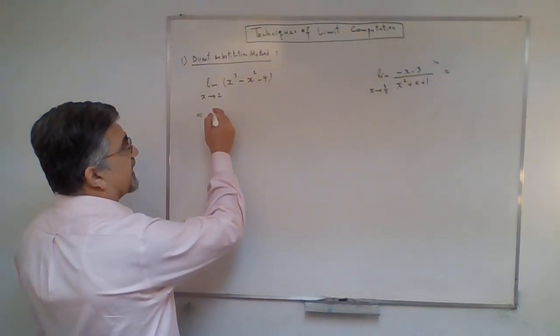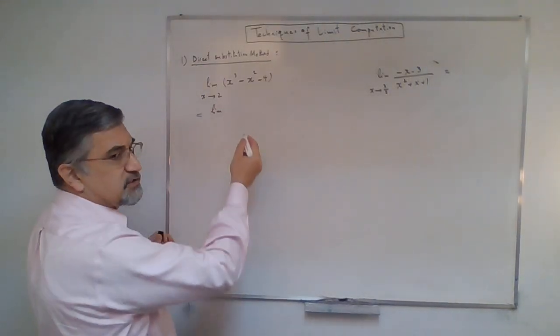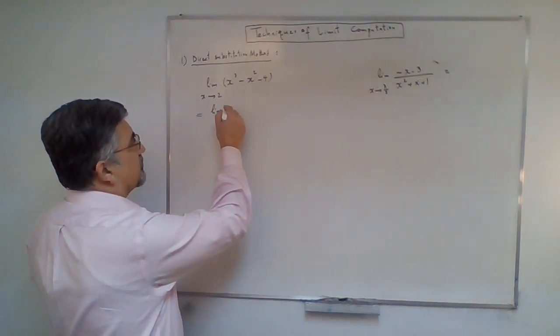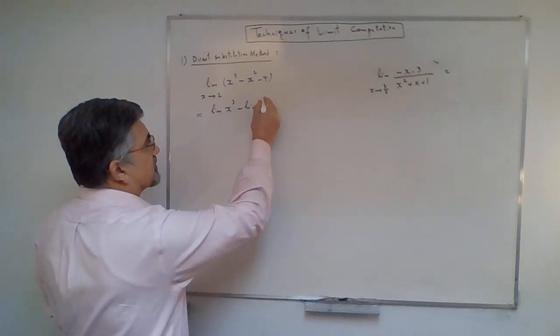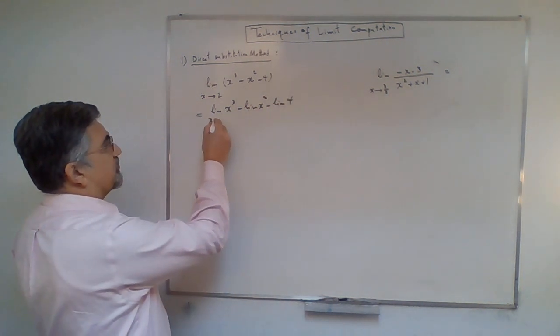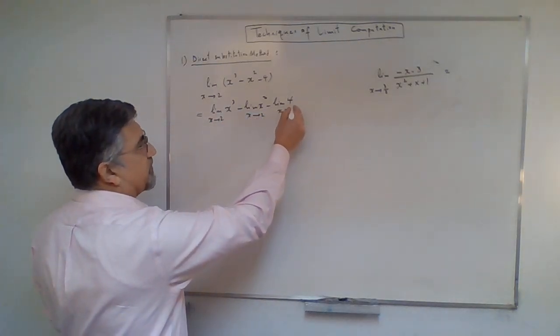So we are going to say the limit of x cubed minus x squared minus 4 is actually equal to the limit of x cubed minus the limit of x squared minus the limit of 4 when x approaches 2, of course, in each case.